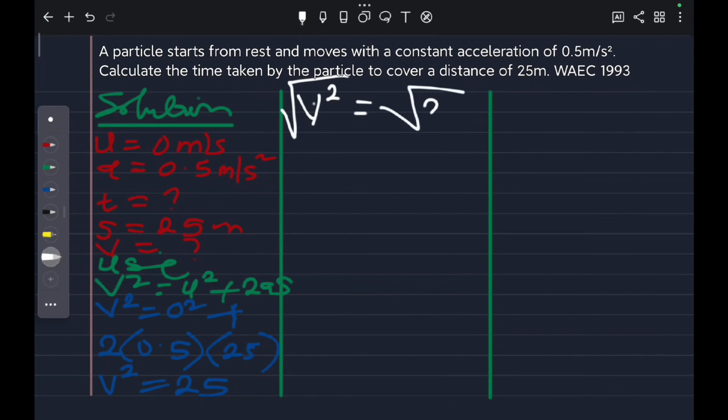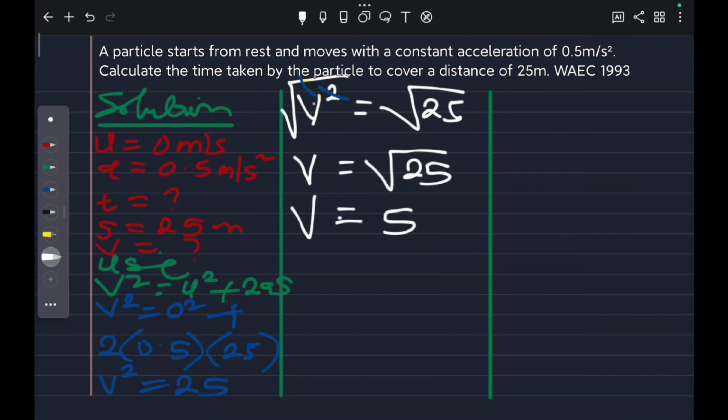So that taking the square root of both sides, you have V will now equal the square root of 25, so that our V will now equal 5 meters per second. Our final answer, take note of that.